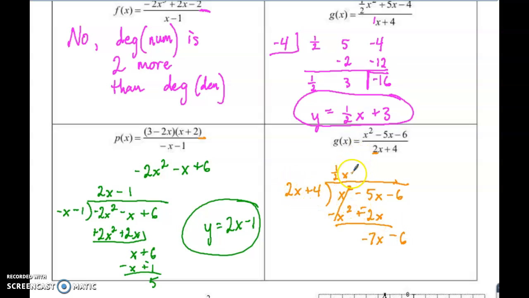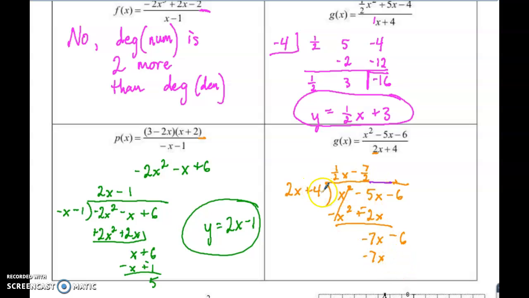Let's see, 2 times negative 7/2. So then I would get negative 7x and negative 7. Wait, there's no x on that. One of these days I'm going to get this answer right. And it changes color on me for some reason.